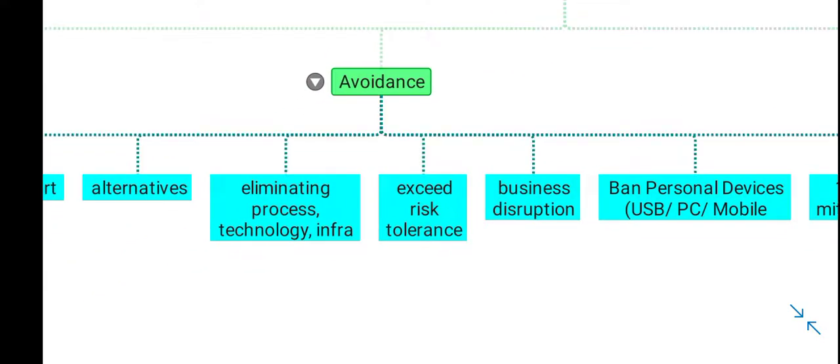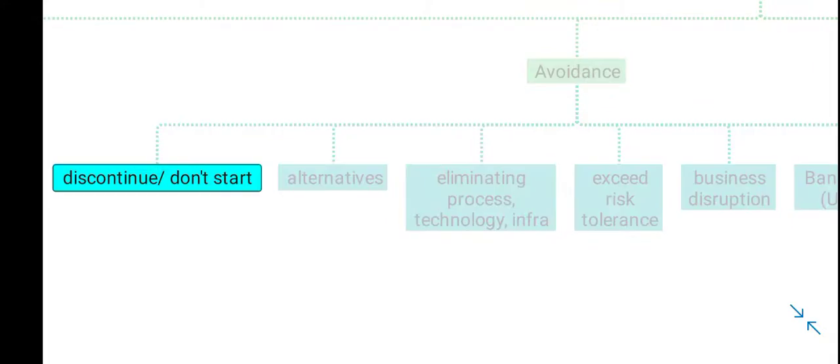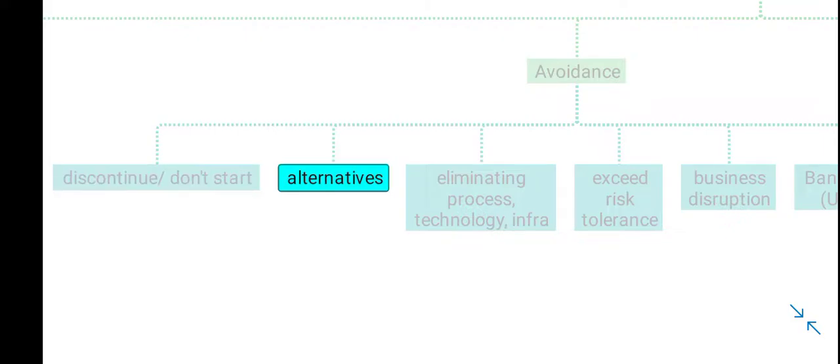Now, once we talk about risk avoidance, then it means that you discontinue the activity which is causing the risk, or you don't start it in the first place, and you select alternate options to conduct your business.